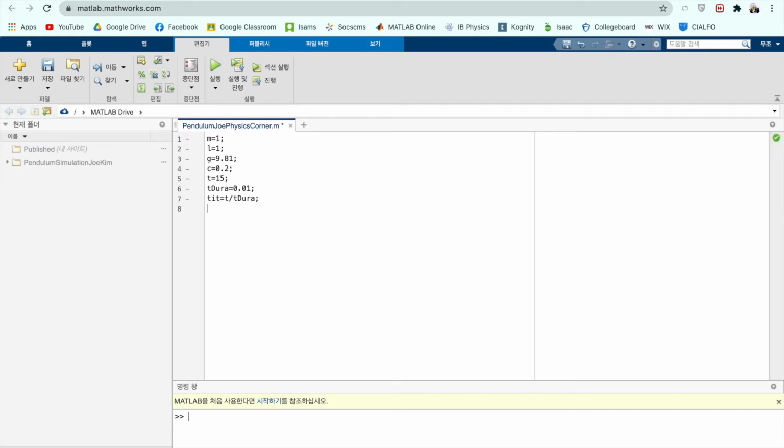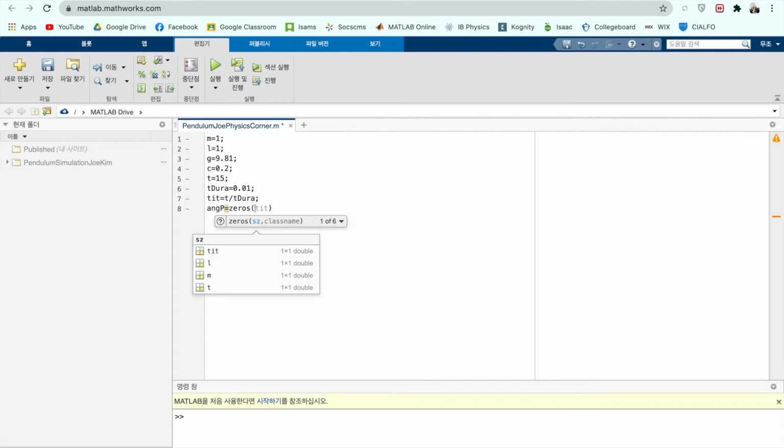And then we have the angular quantities. First of all, we have the angular position, or theta. I'm going to set that as a vector. Because I have to declare that vector, I'm going to fill all of them with zeros.